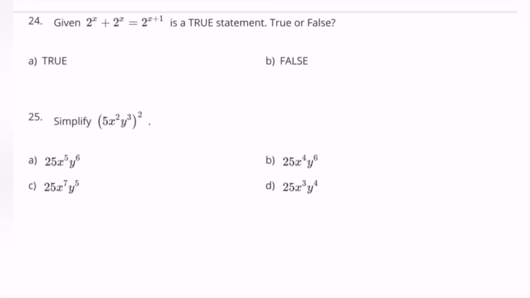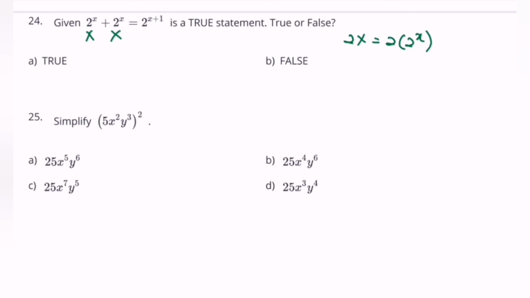Next, by referring to question 24, where we have 2 to the power of x plus 2 to the power of x. Let's say we assume that this is the x. So from here, we have 2x. As we all know, x is equal to 2 to the power of x. So here we will have 2 multiplied with 2 to the power of x.